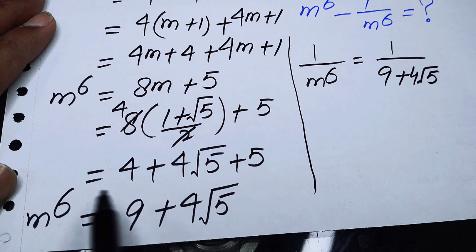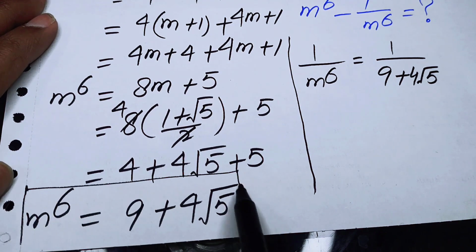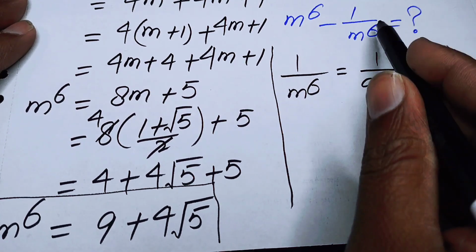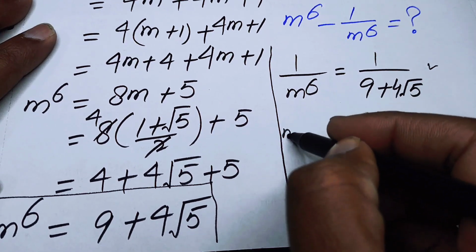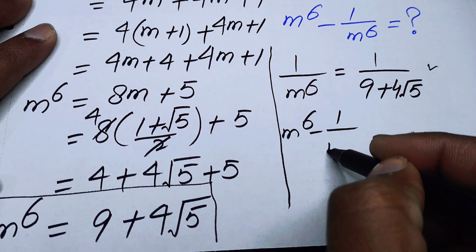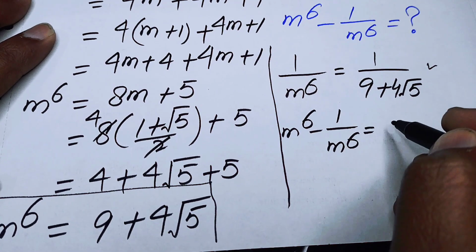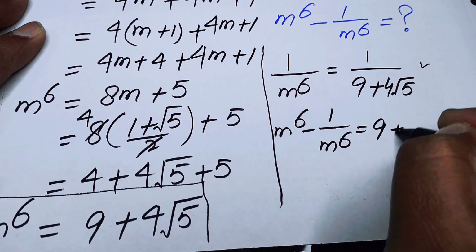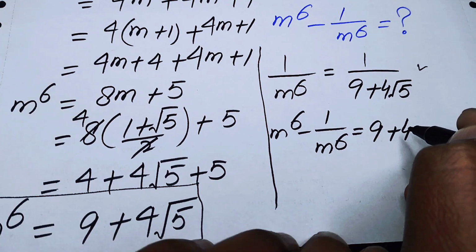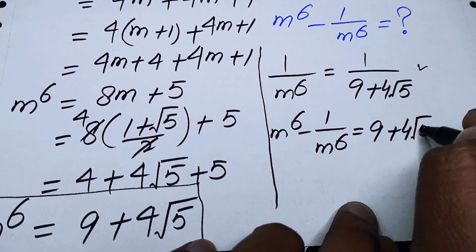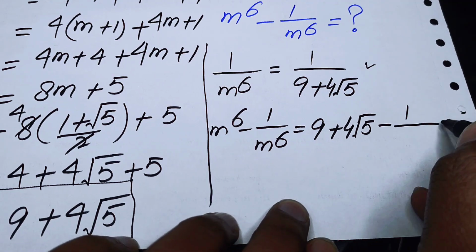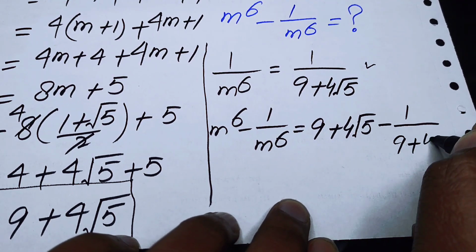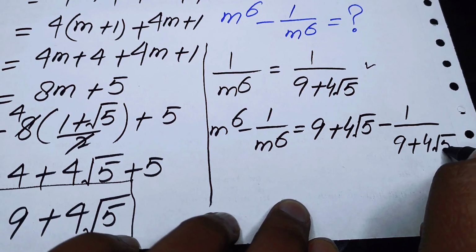So now we can put the value of m to the power of 6 and 1 over m to the power of 6 in the required equation. So we get m to the power of 6 minus 1 over m to the power of 6 is equal to 9 plus 4 times square root of 5, minus 1 over 9 plus 4 times square root of 5.